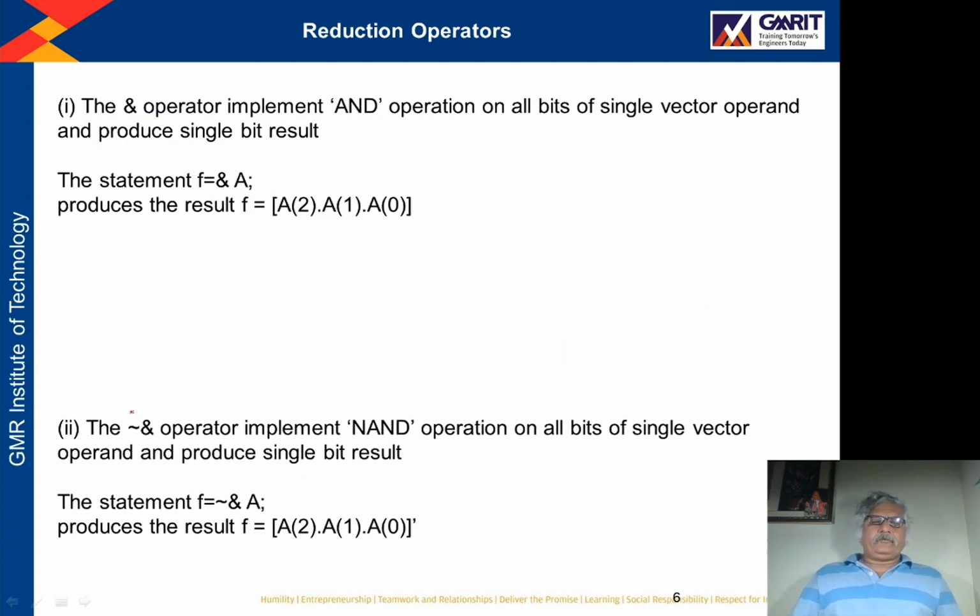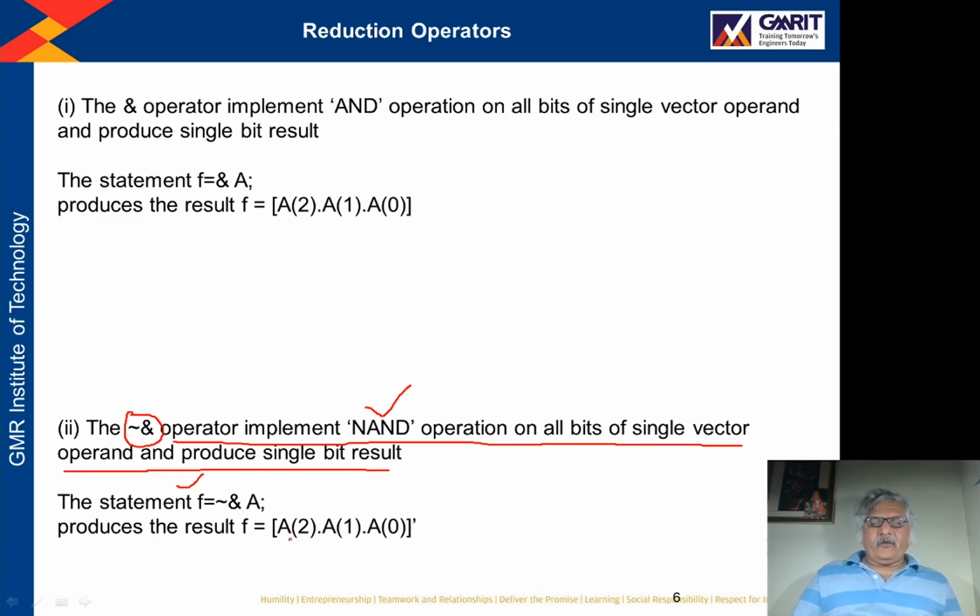Now tilde ampersand, if we use this combination of operators, then this indicates a NAND operation. This operator implements NAND operation on all bits of a single vector operand and produces a single bit result. So let us assume the statement is F is equal to tilde ampersand A. Then the result will be the AND operation on all the 3 bits.